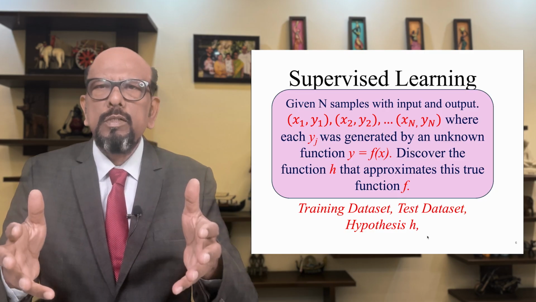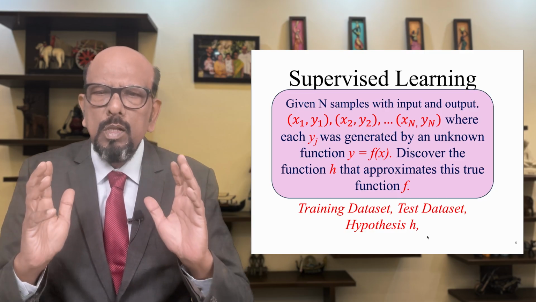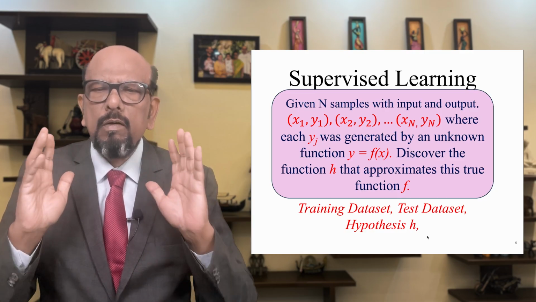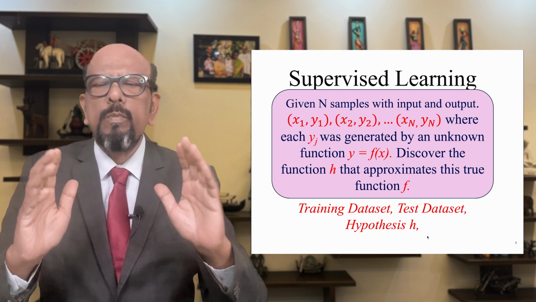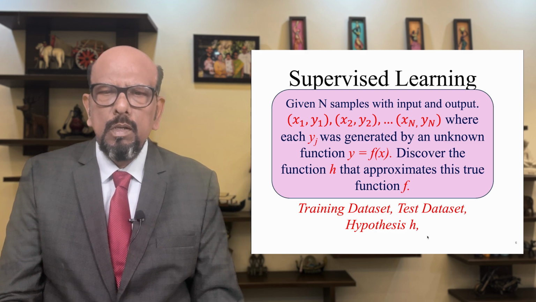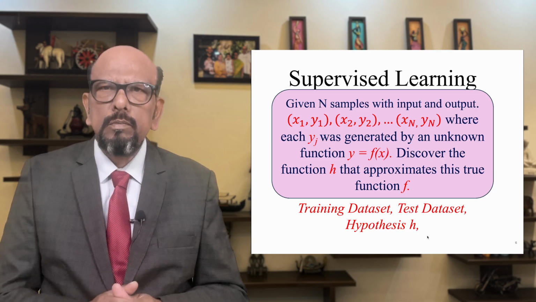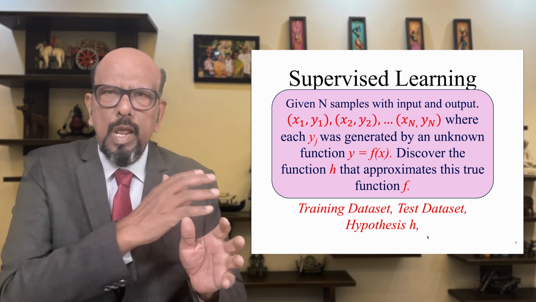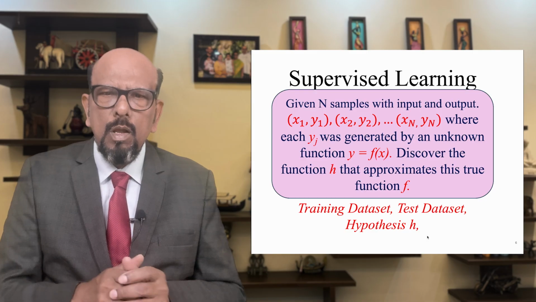Still, if you are trying to understand more, this is a mathematical form of defining what is supervised learning. So given n samples, x1 is a sample for which n medical parameters are given.